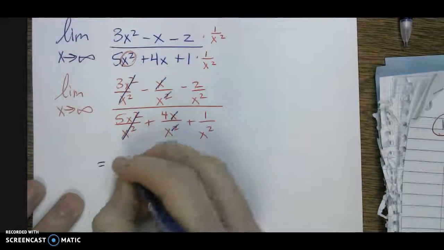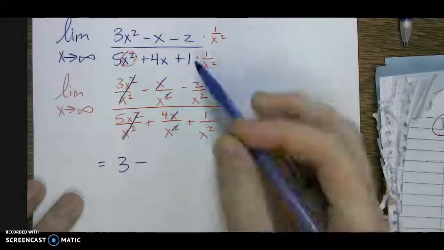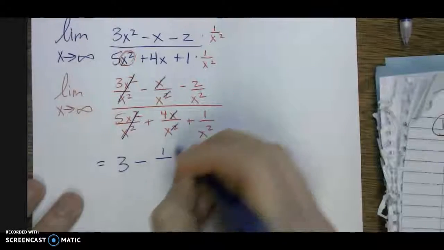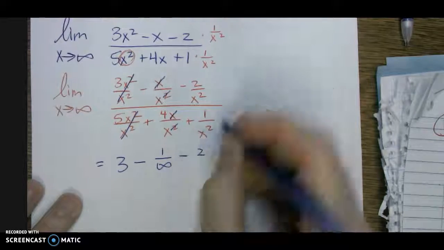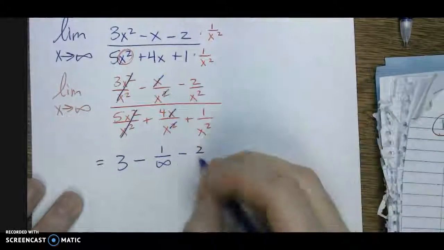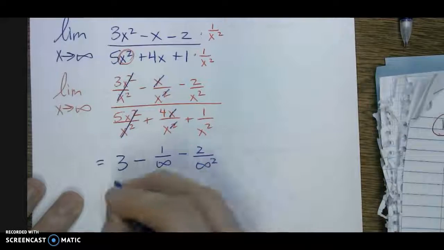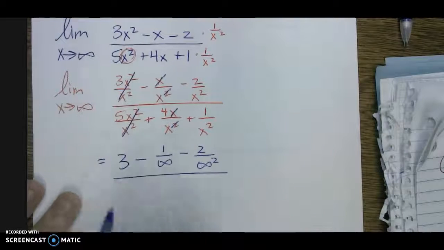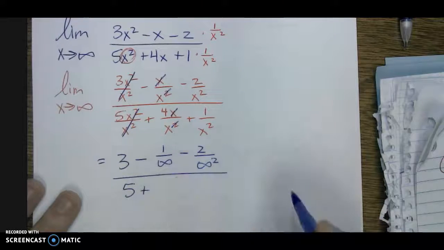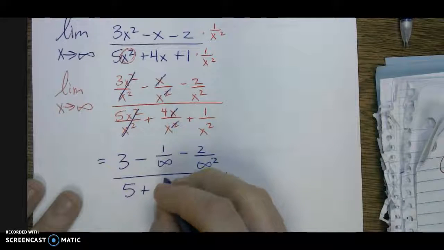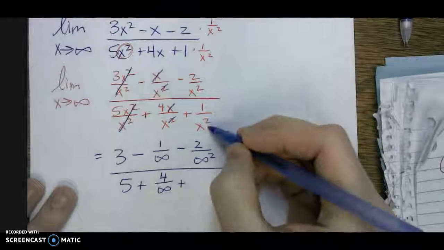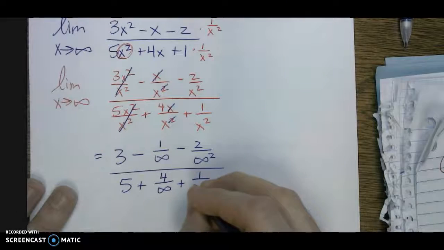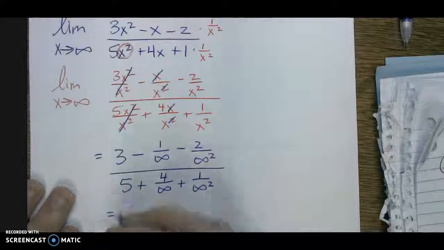So we're going to have 3 minus, this is a 1 over x, so we're going to plug infinity in there, minus 2 over x squared, so if you plug in infinity, it's 2 over infinity squared. This is just 5, plus, this is 4 over x, so if we plug in infinity, it would be 4 over infinity, plus 1 over x squared. If you plug in infinity, you're going to have 1 over infinity squared.